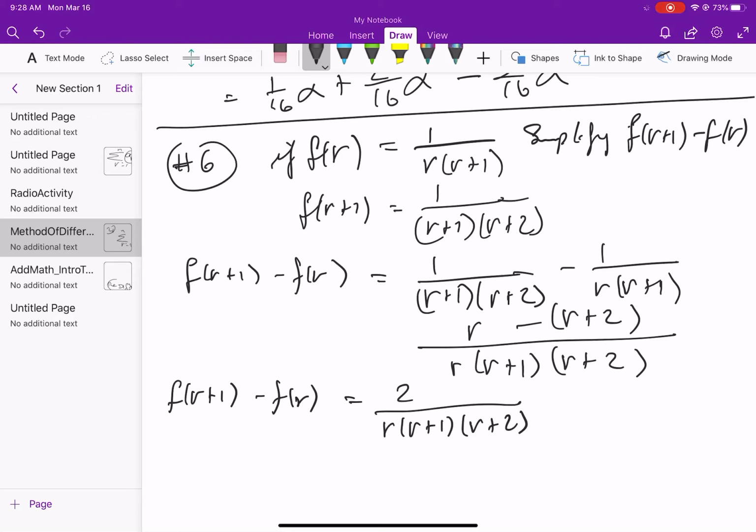Right? Which was actually the one upon r plus 1 into r plus 2 minus 1 upon r into r plus 1. Okay, so that part is done.